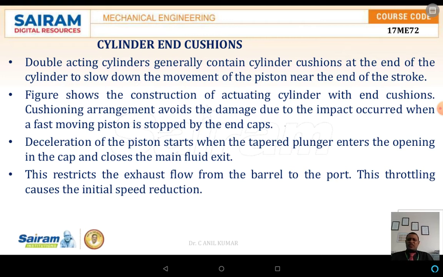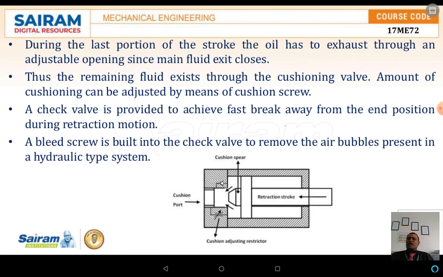As the piston starts descending, what will happen? There is a chance of impacting the cylinder head. That impact on the cylinder head is minimized by using a cushion at the end of the cylinder.